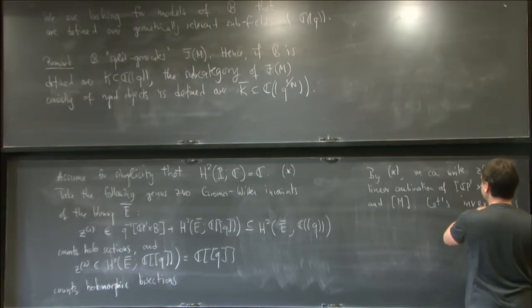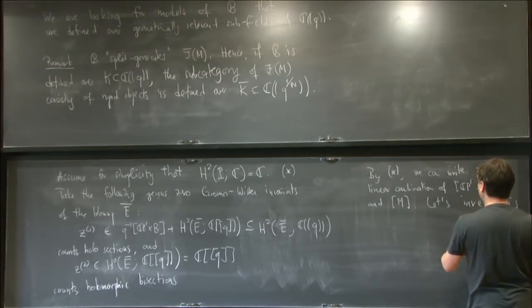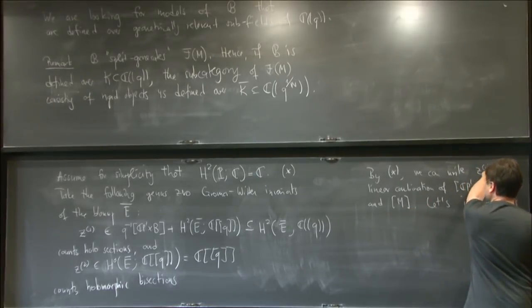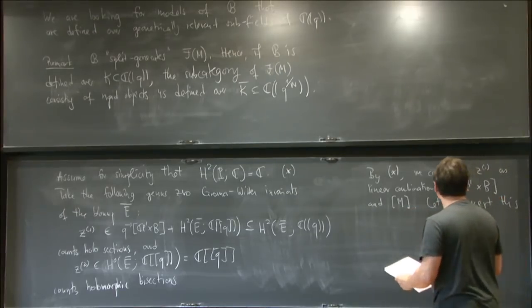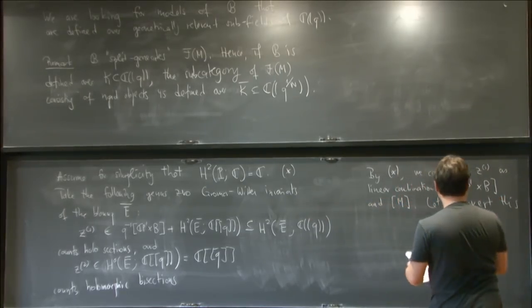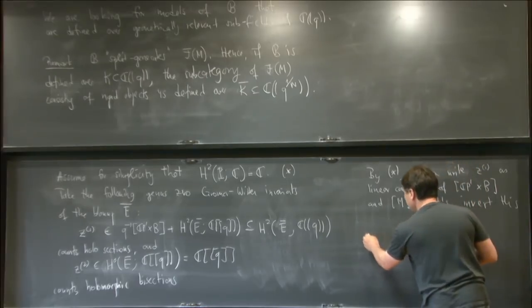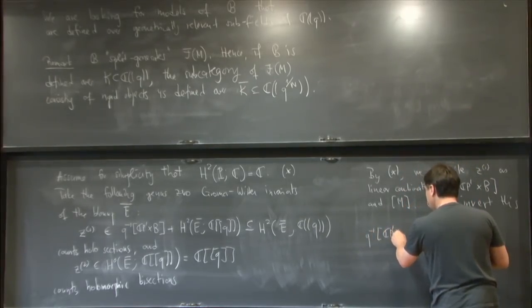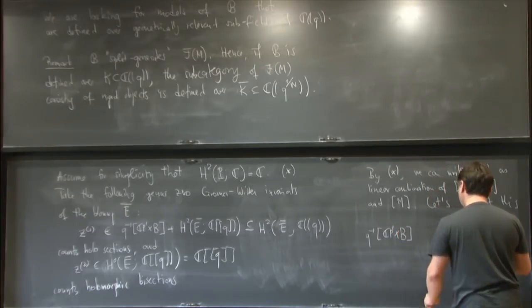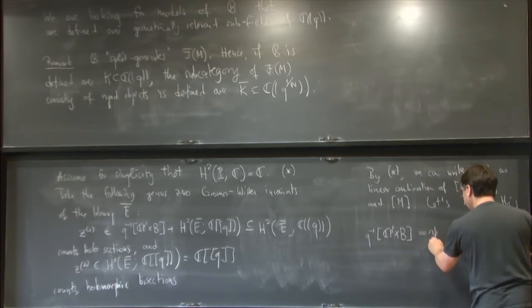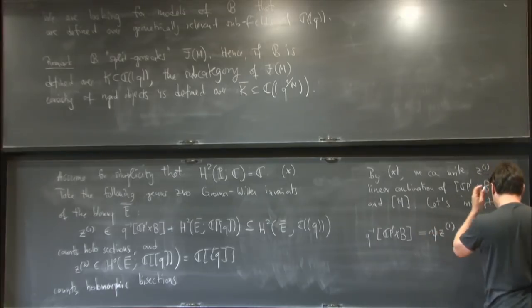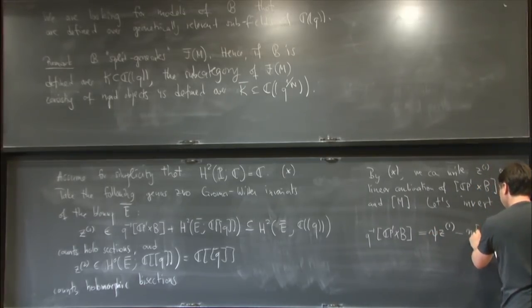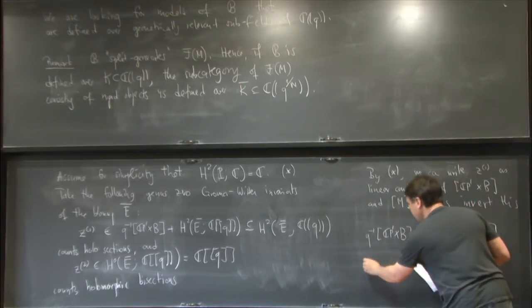Instead of writing Z1 as a combination of this and that, I want to write this one here as a combination of this and this, which is possible because of that formula here. Okay, so I write this one here as a linear combination of this here and the fiber class. Okay, so psi.